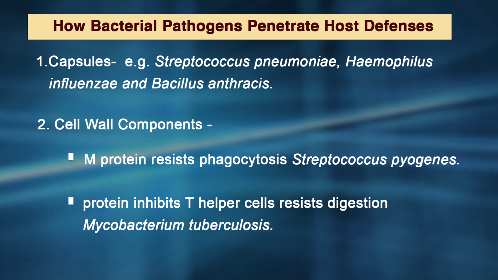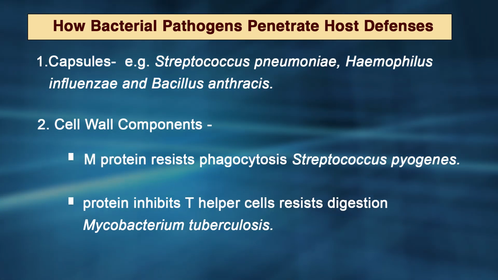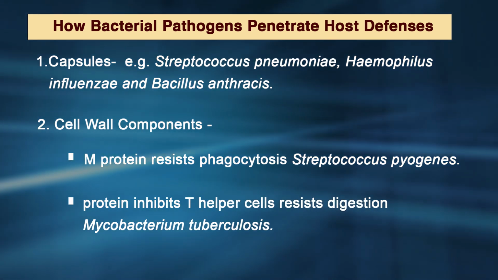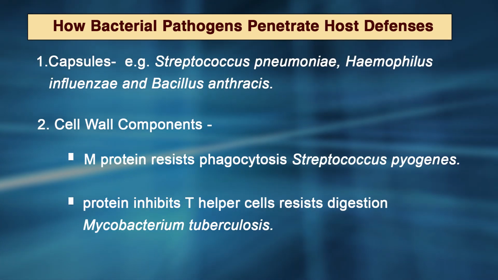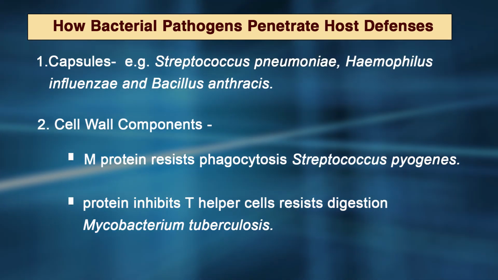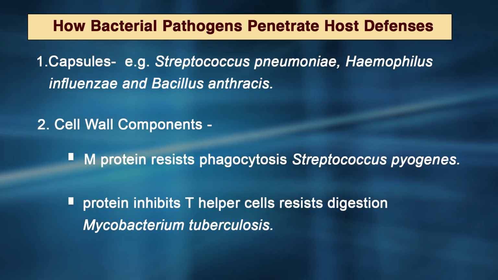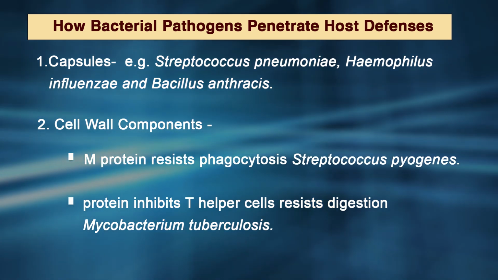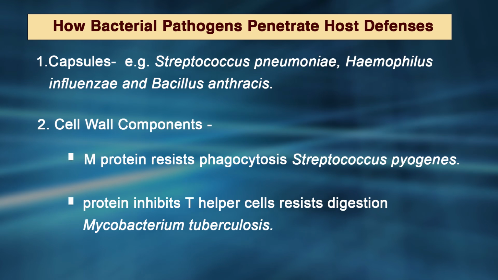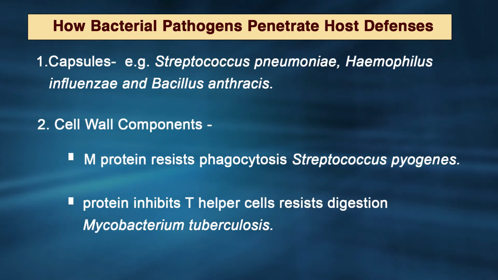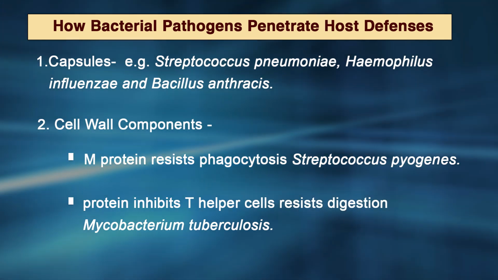Cell wall component proteins in the cell wall can facilitate adherence or prevent pathogens from being phagocytosed. M protein resists phagocytosis in Streptococcus pyogenes; proteins inhibit T helper cells and resist digestion in Mycobacterium tuberculosis.